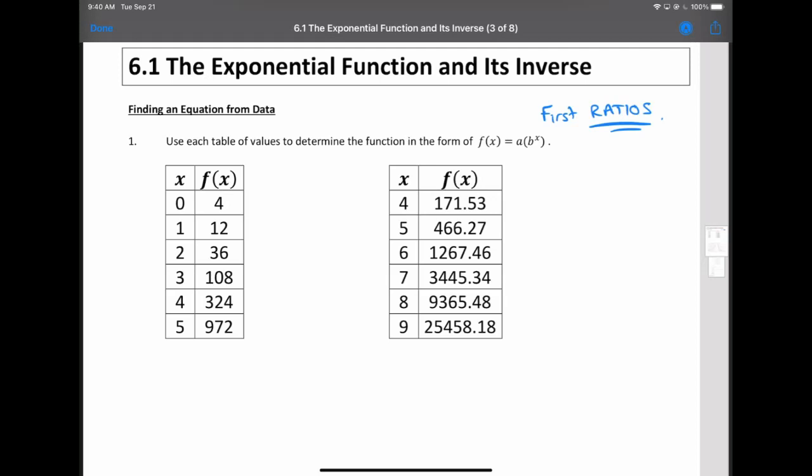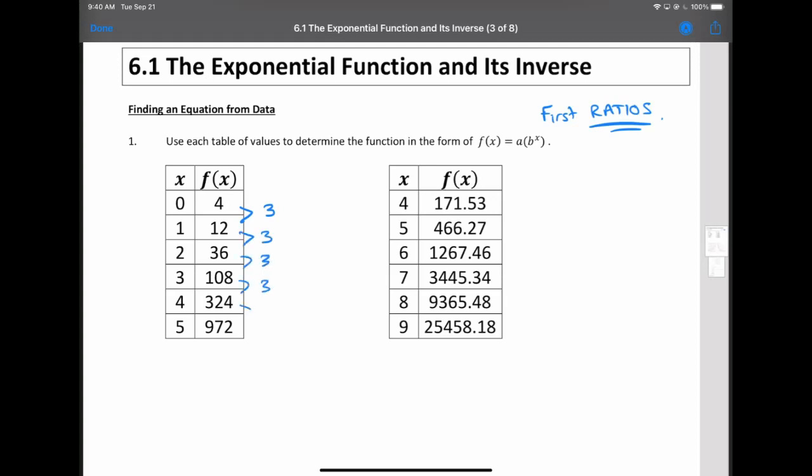We don't want to know what we add or subtract each time. We want to know what we're going to multiply or divide by each time. Technically, it's always multiply. It's just sometimes we multiply by a fraction, which looks like divide. So the table on the left I've set up with numbers that are easy enough that I think we can do it without too much thought. To get from 4 to 12, I have to multiply by 3. To get from 12 to 36, I multiply by 3.